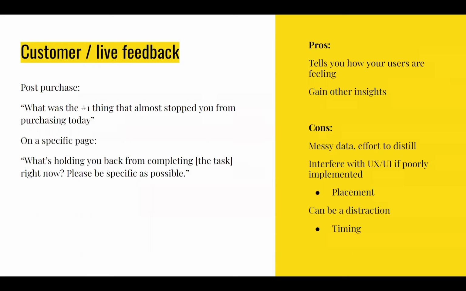That's not great. So there are some clever things you can do around timing that allow the most appropriate time for you to trigger that survey or live feedback. For example, if a user has been faffing around on a page for a certain amount of time, that might be a good indicator that there's something wrong or a good point to get the feedback.